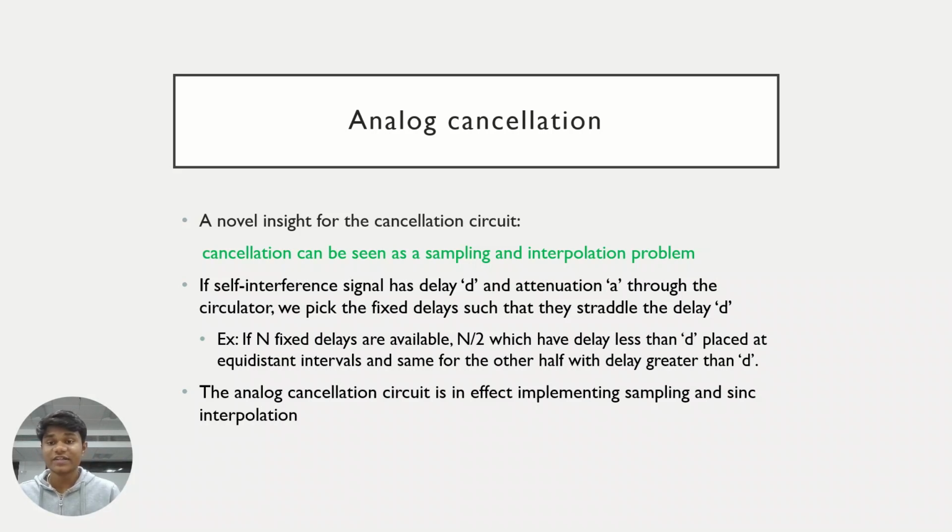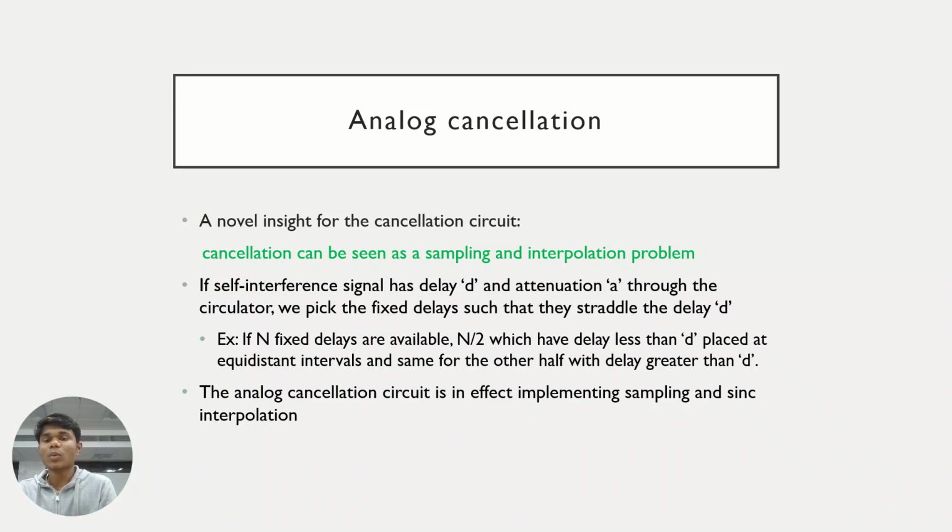Now, if the self-interference signal has delay D and attenuation A to the circulator, we pick the fixed delays such that they straddle the delay D. What this means is that after we have transmitted the signal, it will come in contact with the environment, and when it comes back, it might have suffered some delay with respect to the signal we tapped right before the circulator.